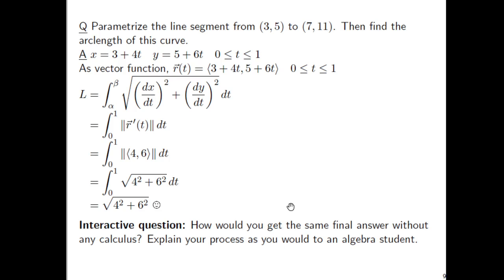Just think of the specific object we have. Is there a way for a student in college algebra to compute it? You probably are not going to use words like parametrize, arc length, or curve, but is there a process that ought to be familiar to an algebra student that should result in the same number?